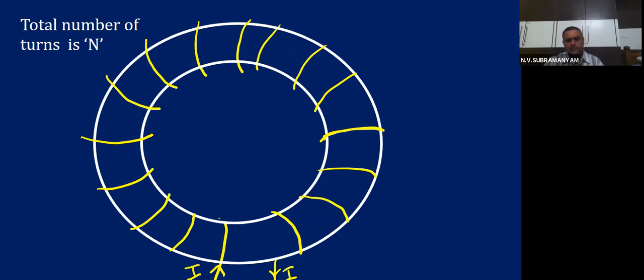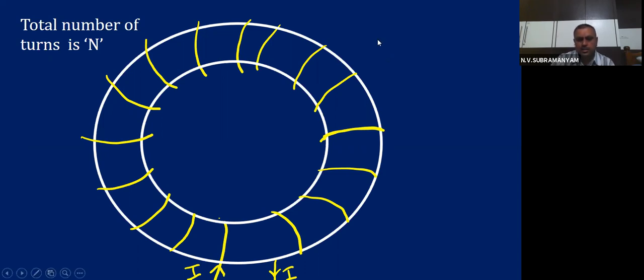That means you can imagine a battery connection. Left side plus, right side minus. Now, whenever I start sending the current, immediately a magnetic field will be produced. Our interest is to calculate the magnetic field due to this toroid.